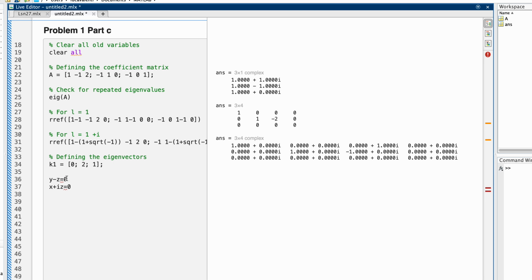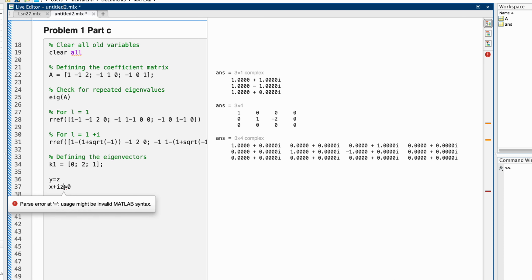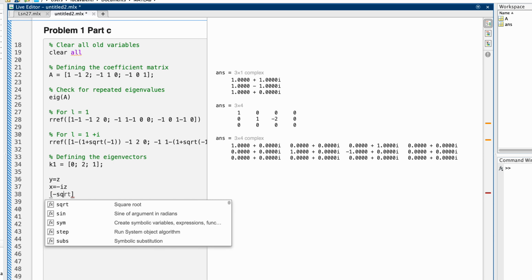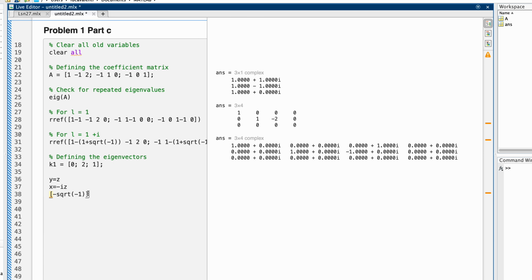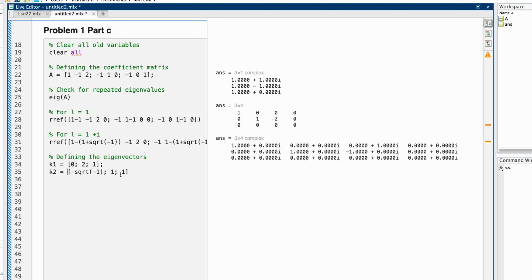So here we can rewrite this as y is equal to z, and here we can rewrite this as x is equal to negative iz. So if z is equal to 1, then x is equal to negative i, which is negative square root of negative 1. Then y is equal to z, which we said is 1. And z is equal to 1. So this is our second vector, our k2. Now why is this useful?